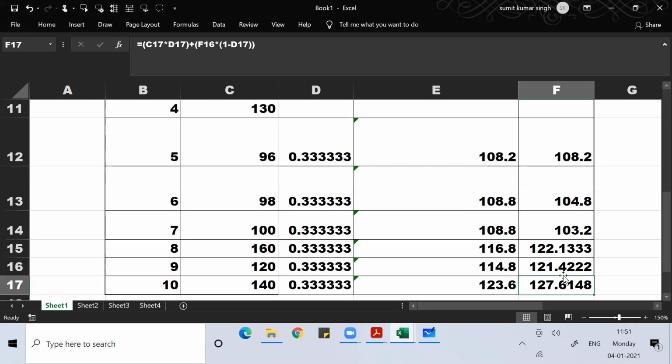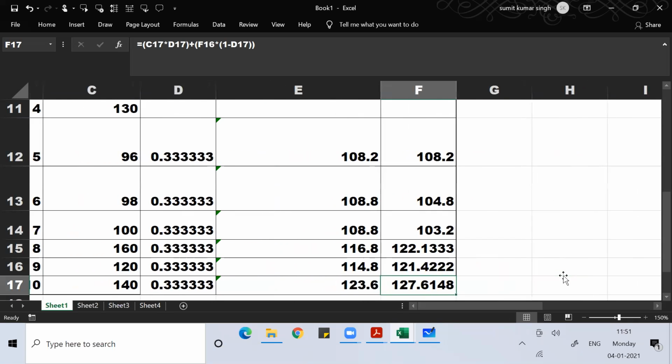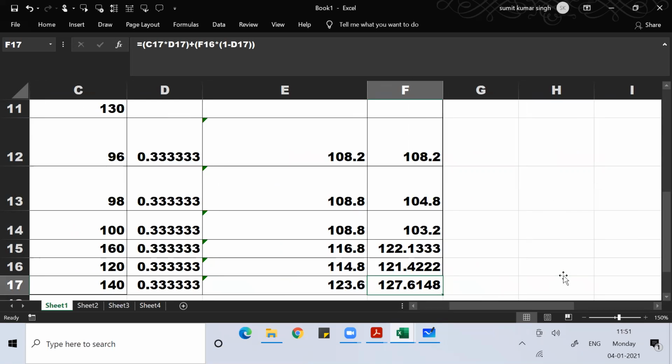Clear, everyone? So for the first day, you simply take that day's simple moving average. For the second day, you take 98, which is your closing price, into the smoothing constant plus yesterday's moving average, that was 108.2, into 1 minus 0.3.